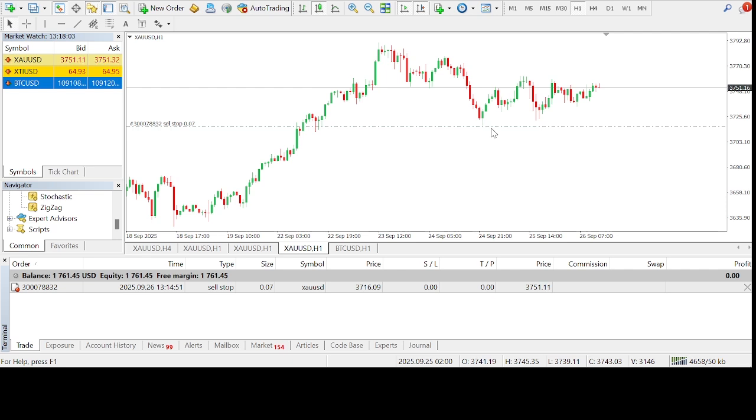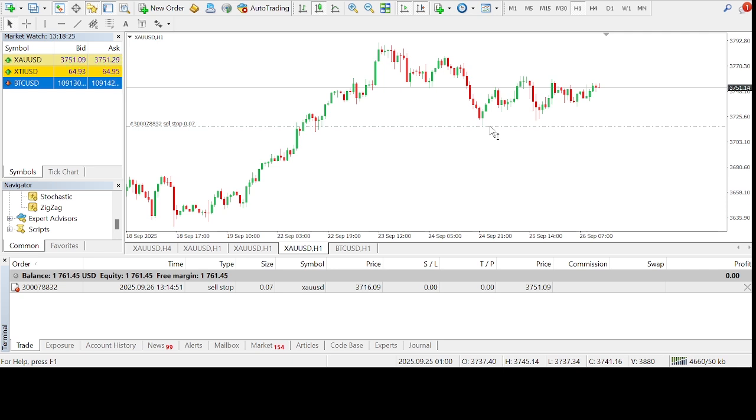That's the only way to stay safe. If the market triggers your order and then fails to comply with your analysis, that's why you need to place your stop loss, just to make sure you are safe.